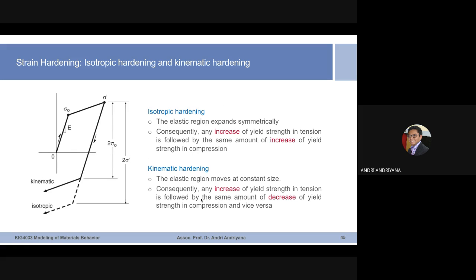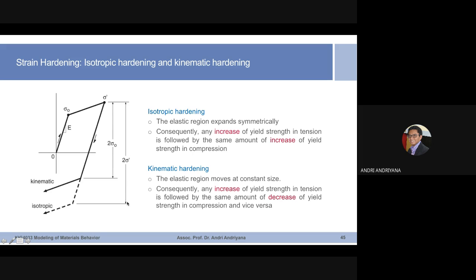So this sums up the difference between isotropic hardening and kinematic hardening. I put both here. In the case of isotropic hardening, the elastic region expands symmetrically, because the increase in tensile is followed by the increase in compression by the same amount.